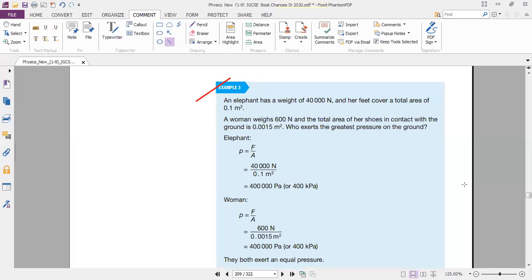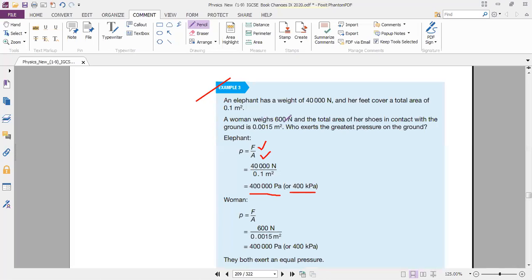What would be the pressure by the elephant? Pressure equals force by area. Force is 40,000 Newton, area is 0.1 meters square, and putting the values, 400,000 Pascal or 400 kilopascal it comes.